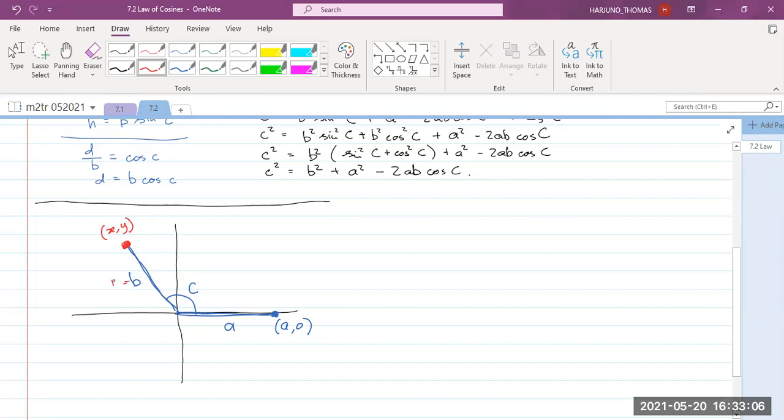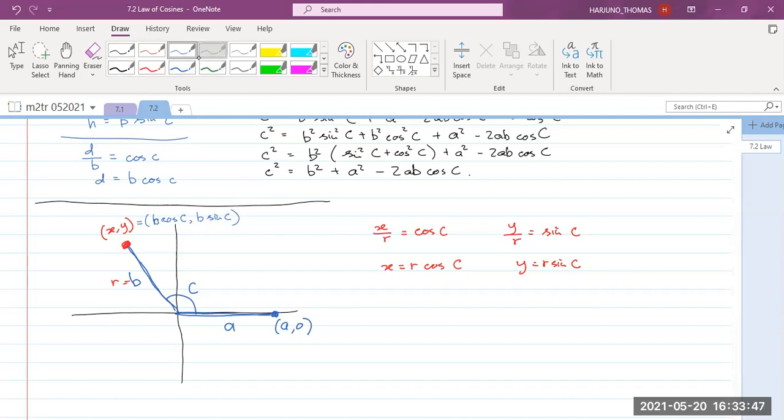You see this B is actually the r, right? So x over r equals cosine C. Y over r equals sine C. I hope you remember that. Therefore, x equals r cosine C, y equals r sine C. In other words, now I can rewrite this (x, y) as, actually the r is B, right? So it's (B cosine C, B sine C). Does it make sense?